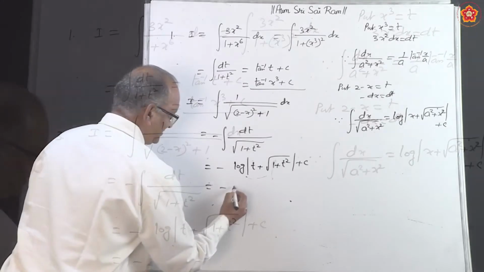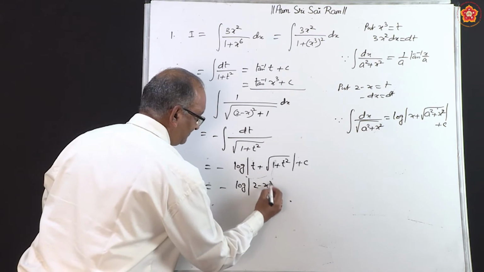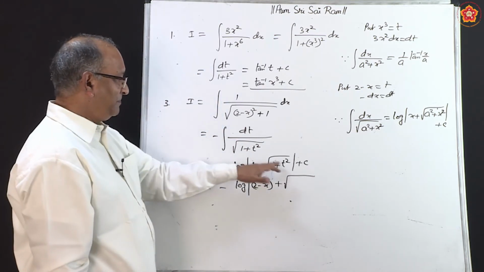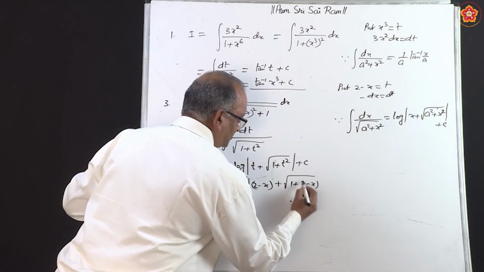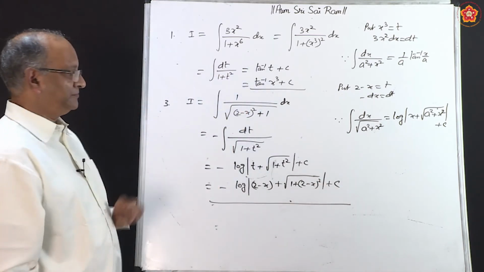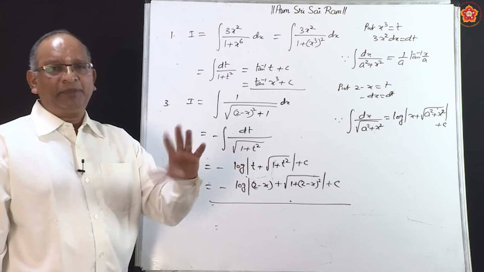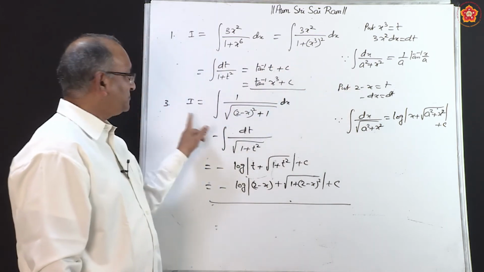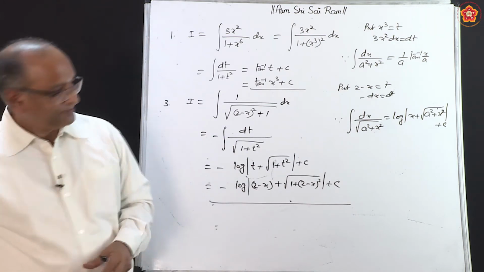So it is minus log modulus of, in place of t, 2 minus x plus under root of 1 plus 2 minus x whole square plus c. This is the answer. Every problem we will be using one of those 6 formulae. Previous problem we used this formula, this problem we have used this formula. Okay, let us move further.